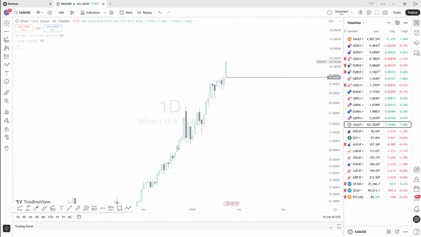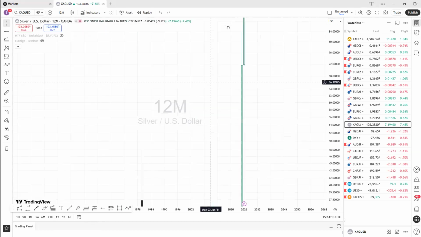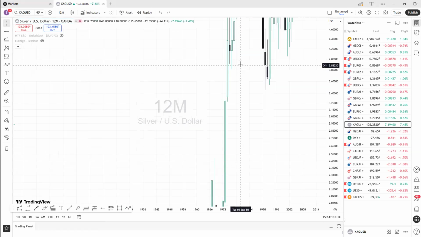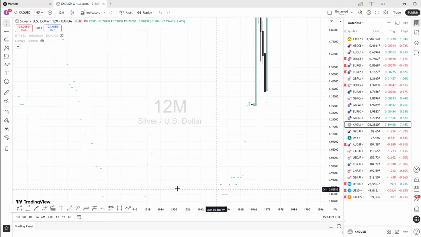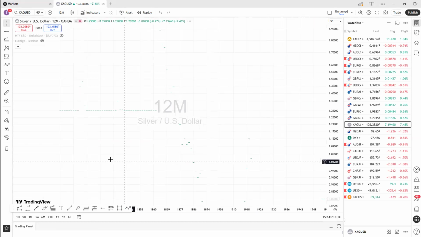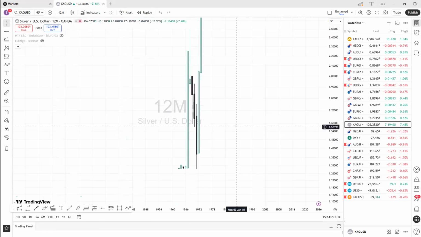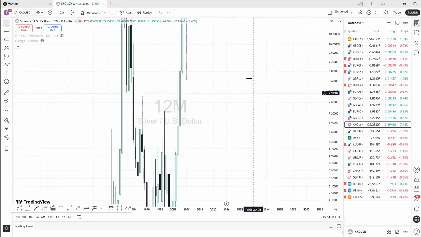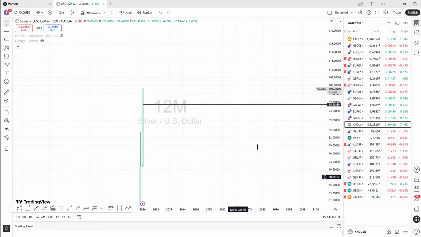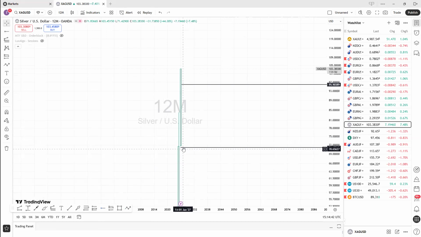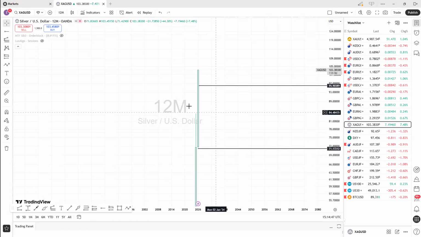Let's see on 12 months, the beginning of silver, a lot of years back. There's no specific date. It is very, very strong bullish, you can see. From January you can see the huge movement from that area to that area. It's a lot of pips this year from January.